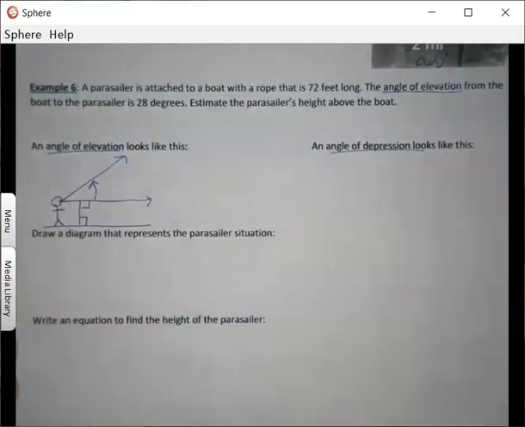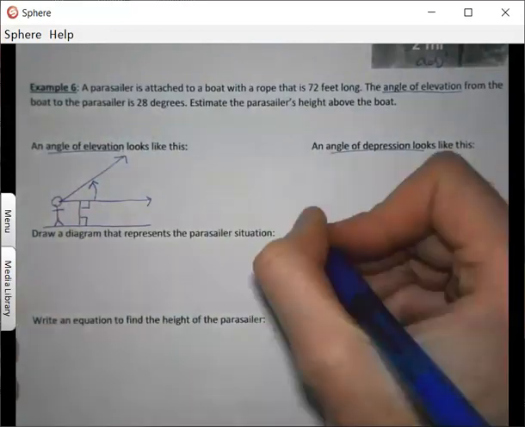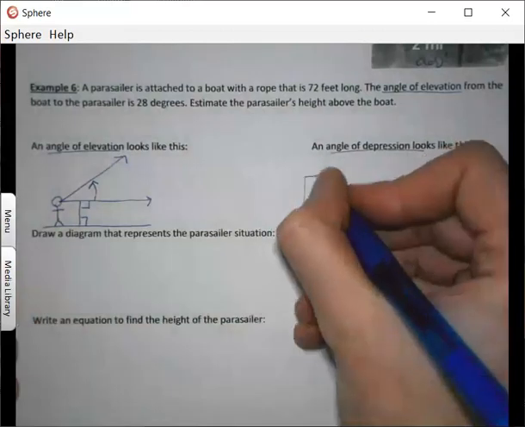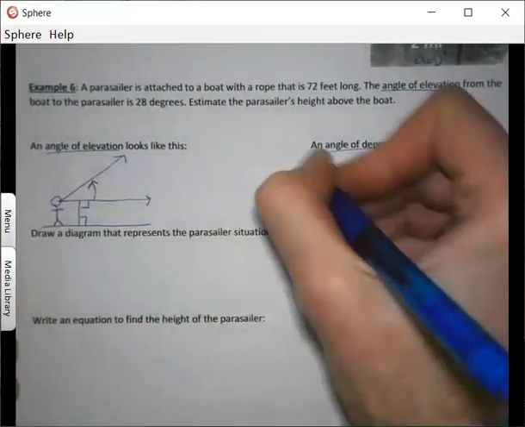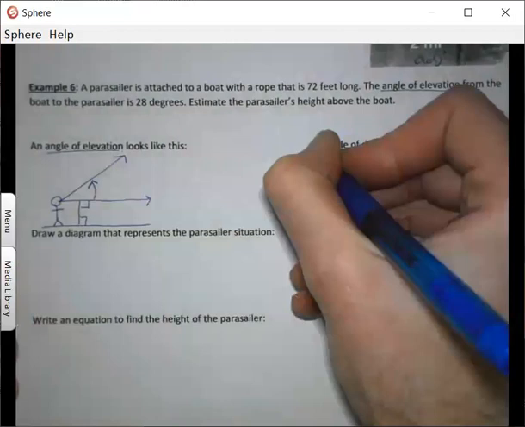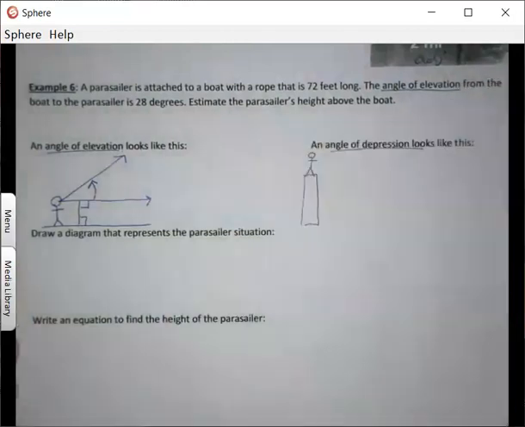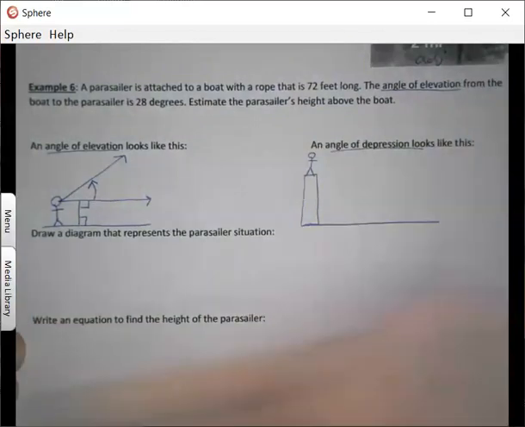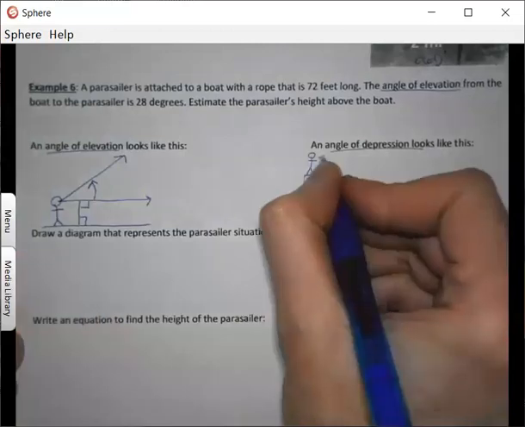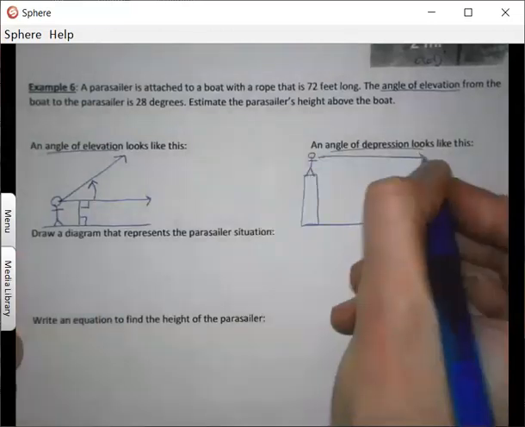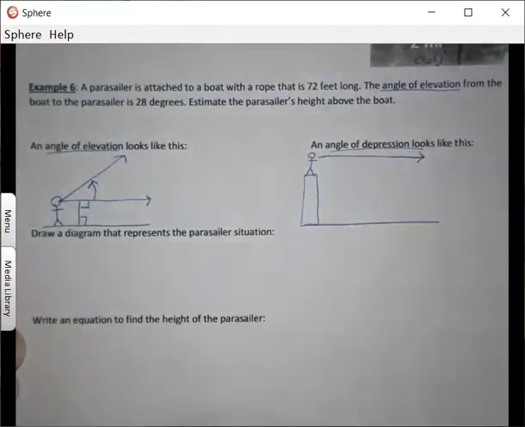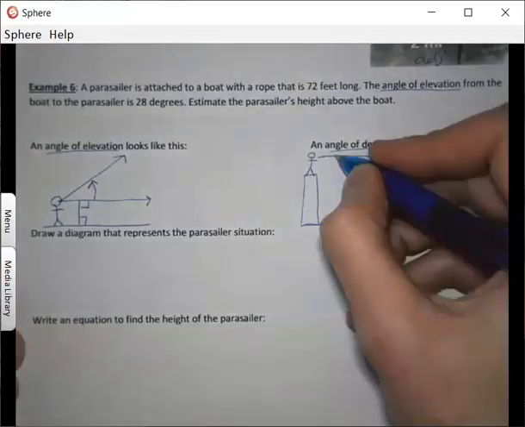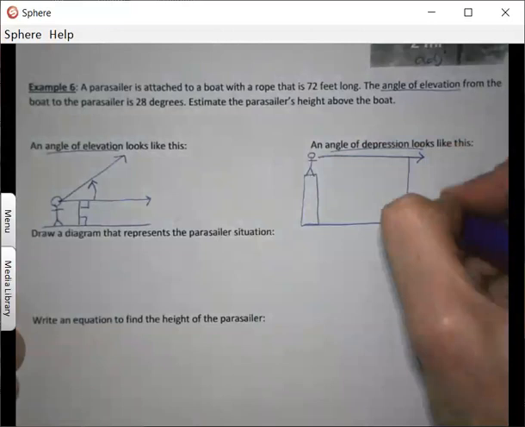So say we have another case, and I'm not going to be too creative on this one. Let's say we're standing on top of a tall building. It could be an airplane, a balloon, or a person. And then we have the ground. Again, we're looking straight ahead, so that's going to be our starting place, and again, our starting place always has to be parallel to the ground.